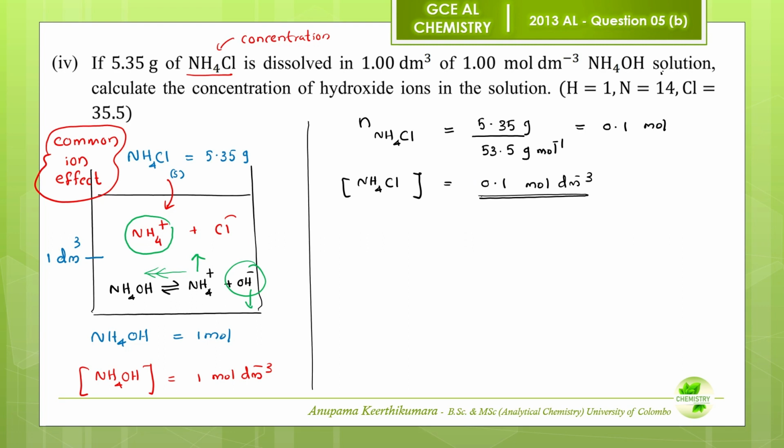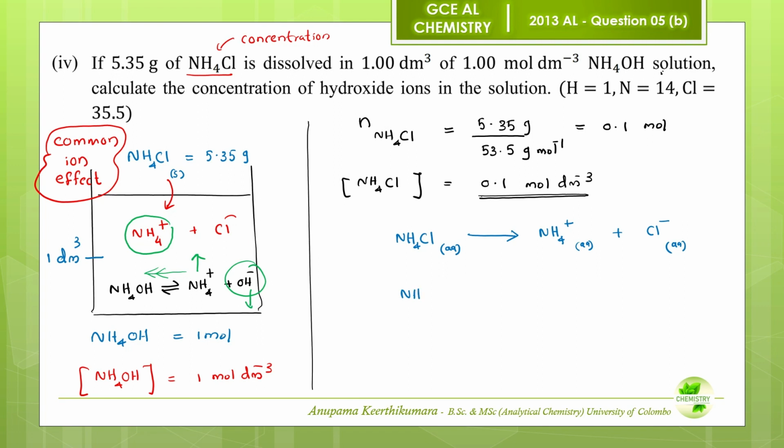Now we will write down these dissociation equations. When solid ammonium chloride dissolves, it completely dissociates into its aqueous ions, and it produces aqueous ammonium ions and Cl minus ions.